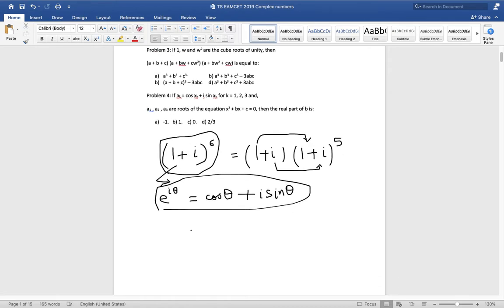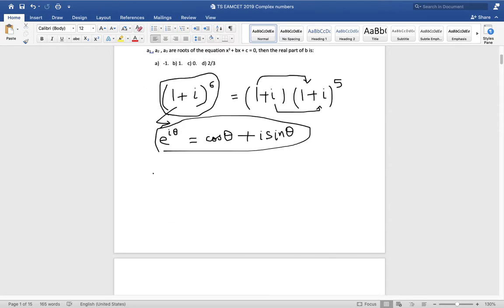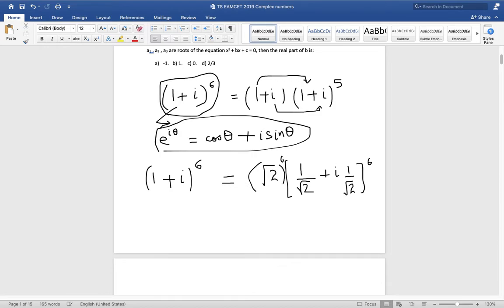Okay, so we have to think, let us write it like this: (1 plus i) raised to the power 6 is equal to square root of 2. How did I get the square root of 2? I will explain a bit later. Plus i into 1 by square root of 2, raised to the power 6, and this will also get raised to the power 6.